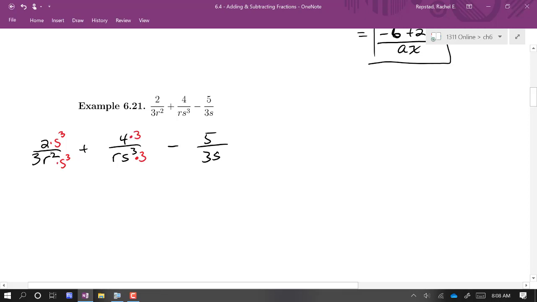But it also needs to pick up a factor of r to bring us to the r squared that we have in the first denominator. And in the last fraction, we have to pick up the r squared. And we need to pick up an s squared to bring us up to the s cubed.